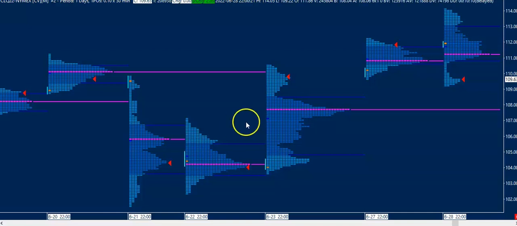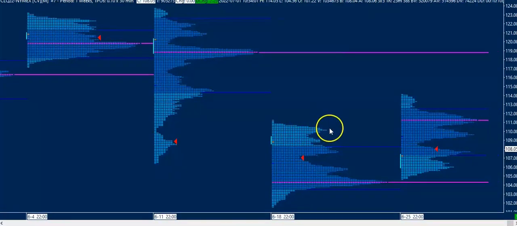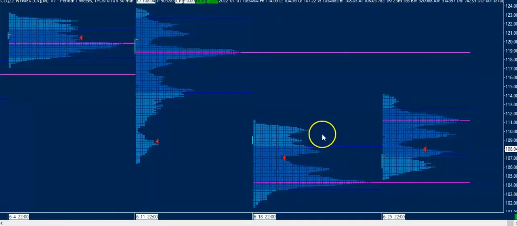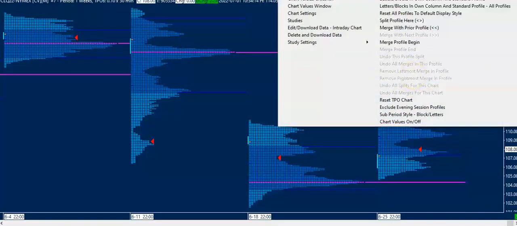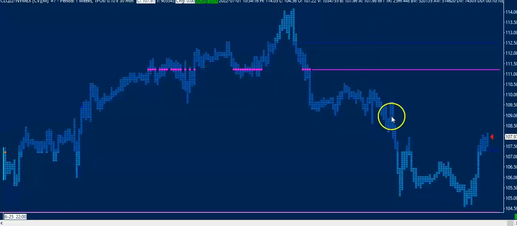So, and real quick, I'll show you that because I used two. I used the daily, and then I also used the weekly. So the weekly just gives us a larger time frame of reference. We can look at the weekly support and resistance levels and the significant levels there.